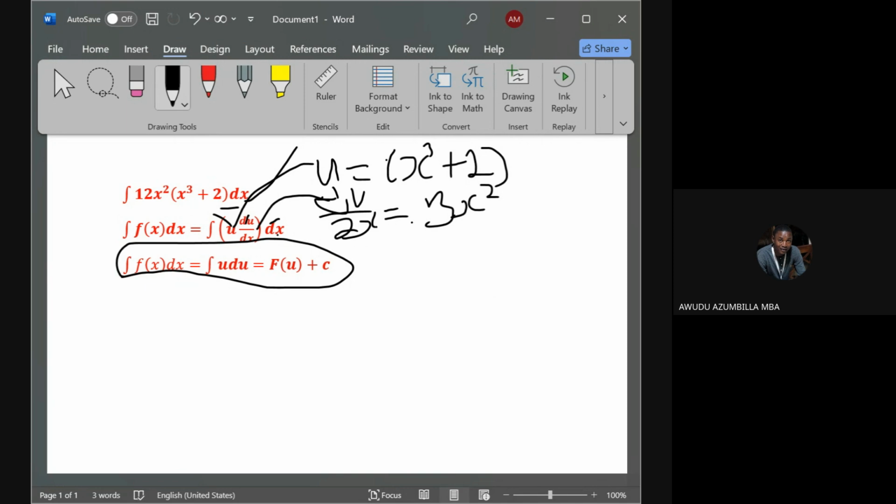Now, our dx can be found from here. We have to make dx the subject from here. Remember, we have du over dx, and this is equal to 3x squared. So I want to make my dx the subject here. What should I do?